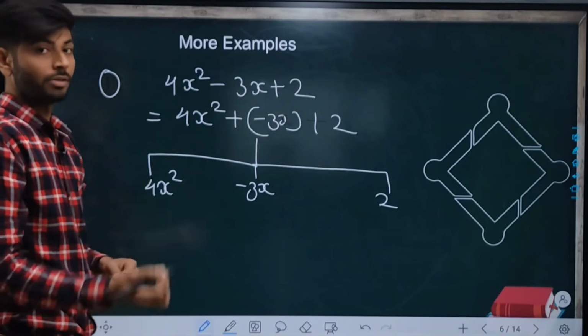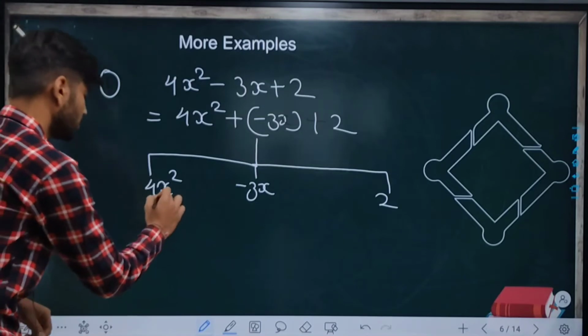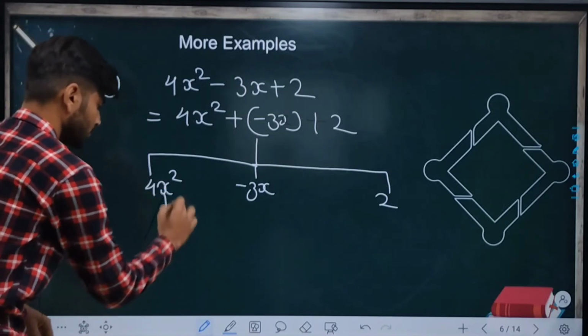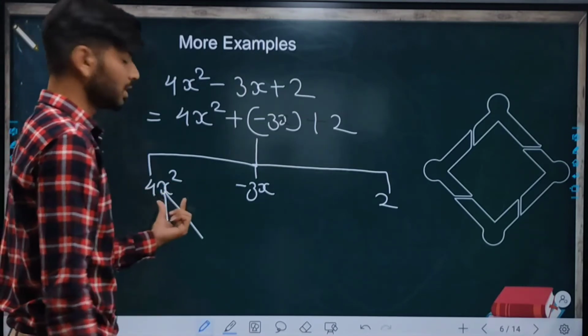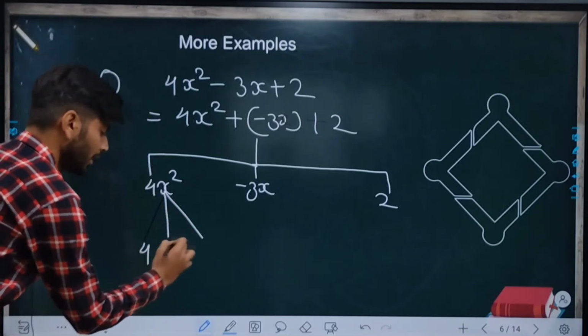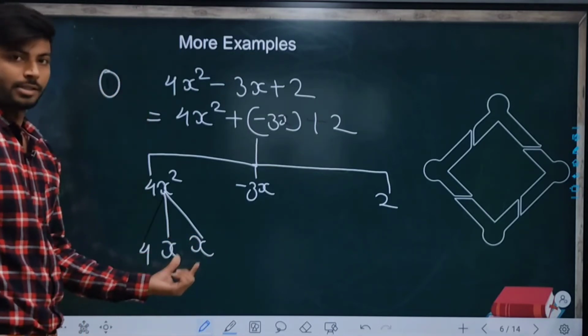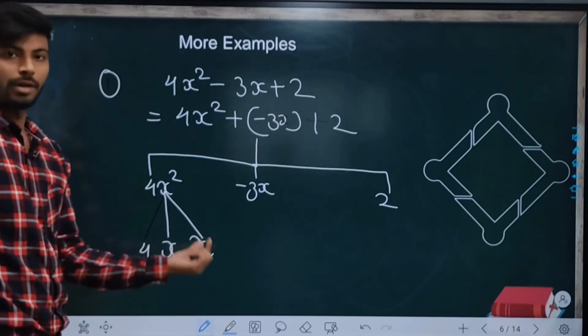Now let's write the factors of these terms. So what will be the factors? You can see in 4x square, the 4 is multiplied with 2 times x. So x is 2 times, so we will write x.